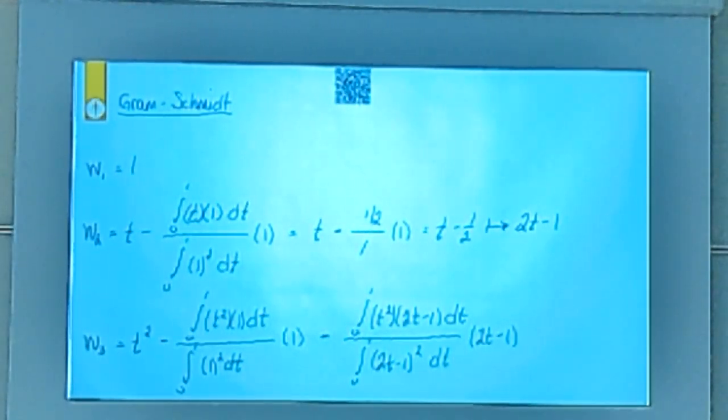Well, we already know the norm of W1 squared. We calculated that already, that's one. What is the integral from 0 to 1 of t squared? 1/3.